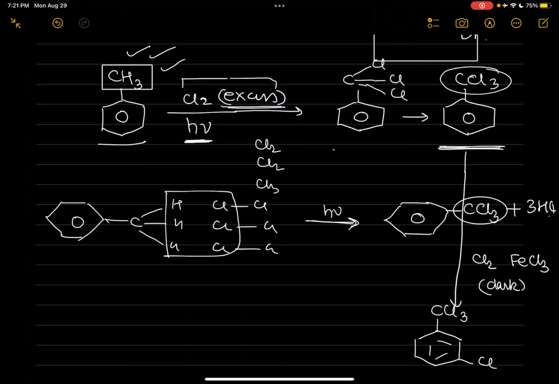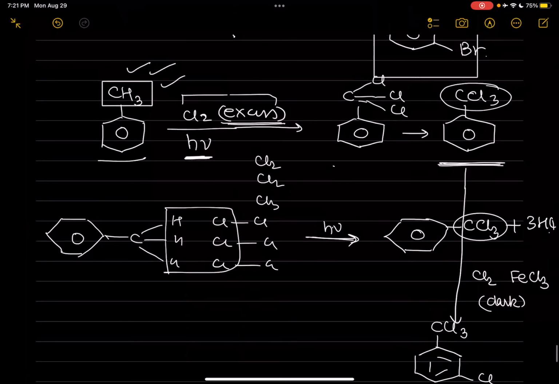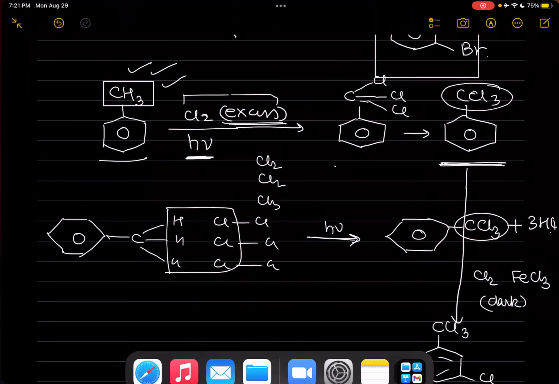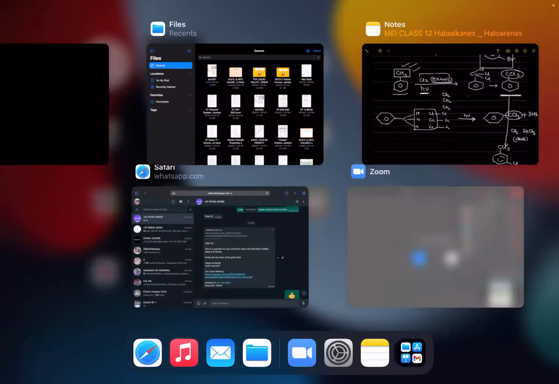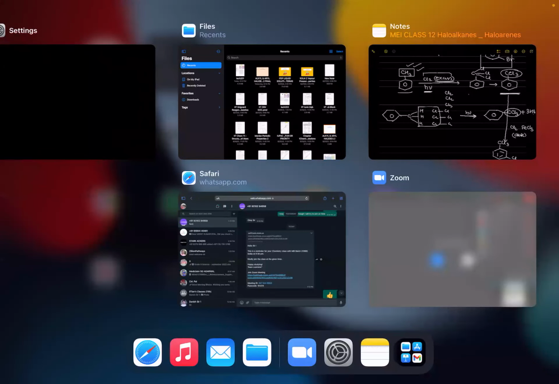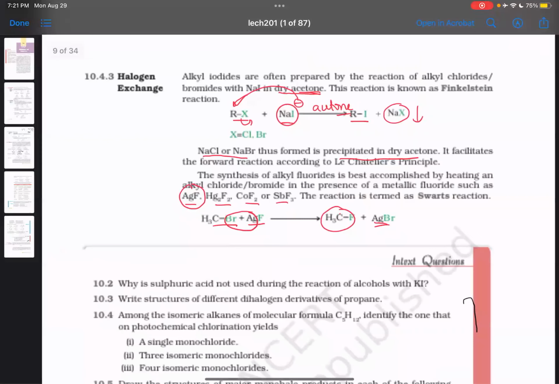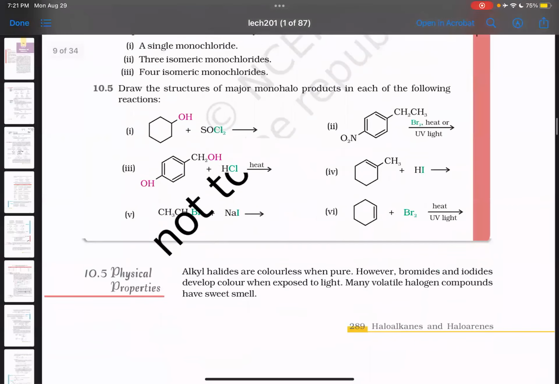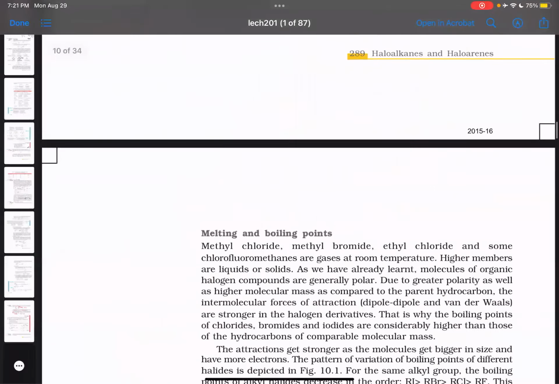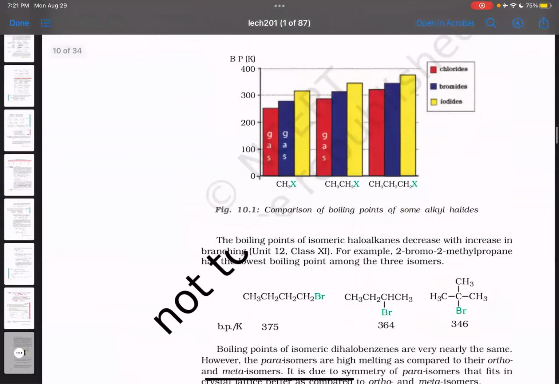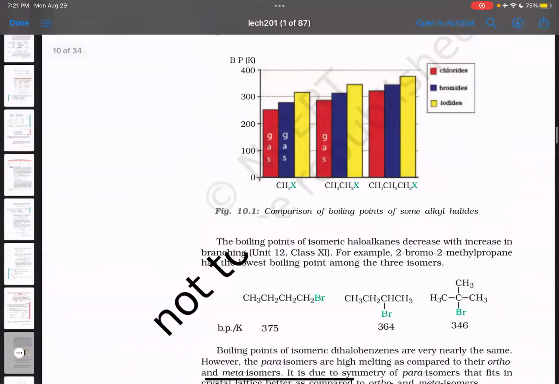We have the same thing in your NCERT also, but they have not given an explanation. Just a second. In NCERT, we have it in the preparation of aryl halide.